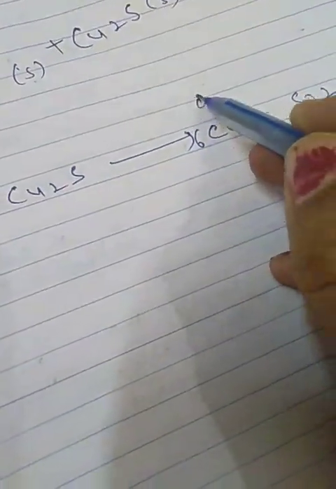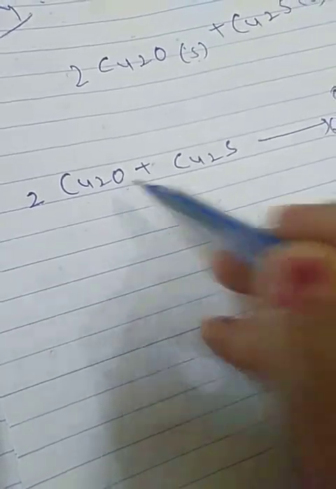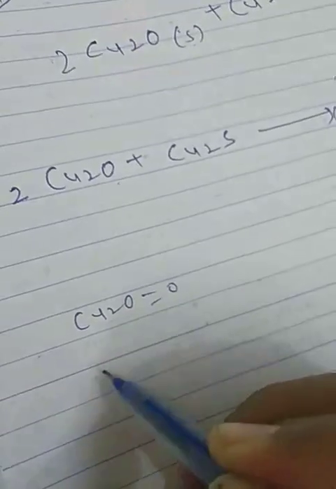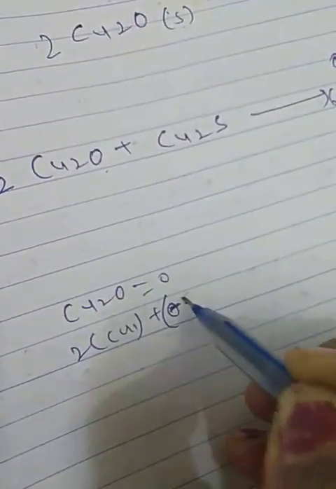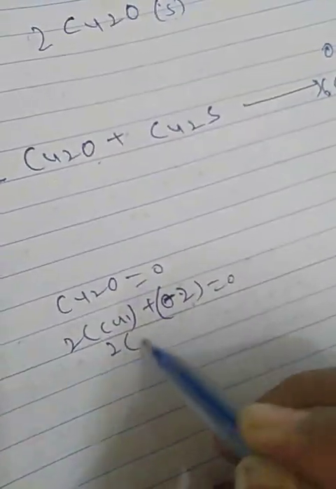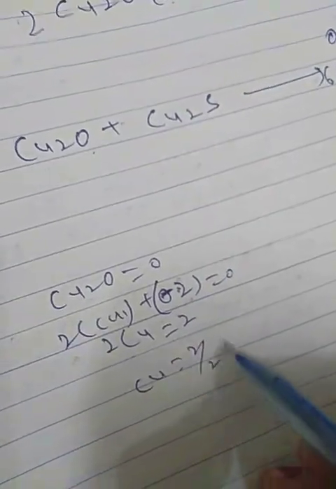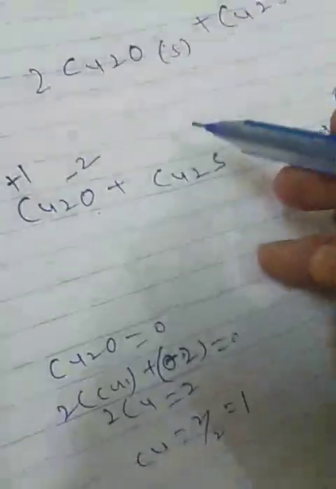Now you know according to the rule, a neutral element means its oxidation state is 0. Here you have to see Cu and O. If you are not following, then you can do Cu2O is equal to 0: 2 Cu plus oxygen minus 2 is equal to 0, so 2 Cu is plus 2, and 2 upon 2 is equal to 1. So here copper's oxidation number is plus 1, and oxygen is minus 2. Sulfur in Cu2S is the same as oxygen, minus 2.